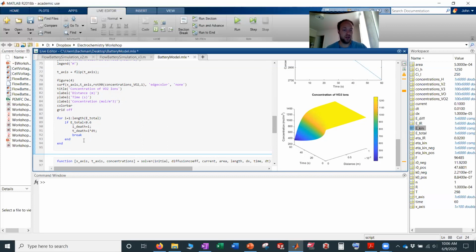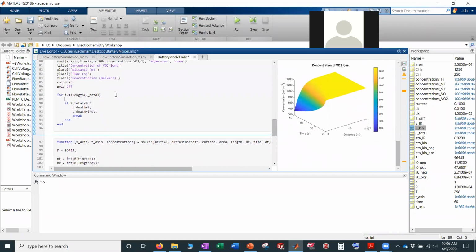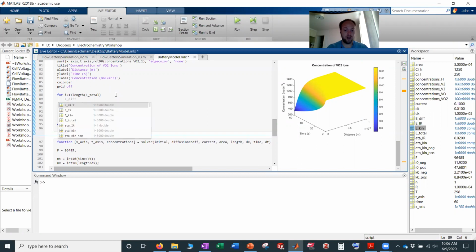Because we can track what I will be at the end of all this. So what you're going to want to do is take E total and multiply that by the current at every time step.